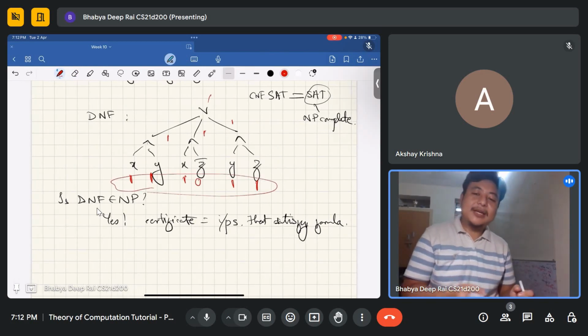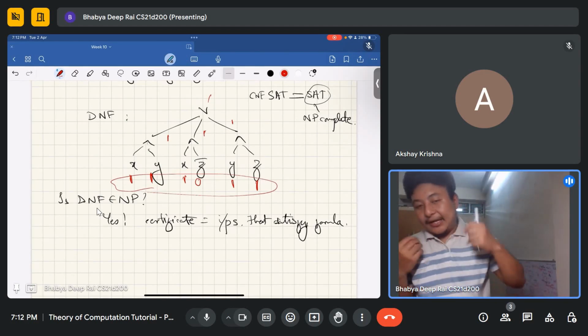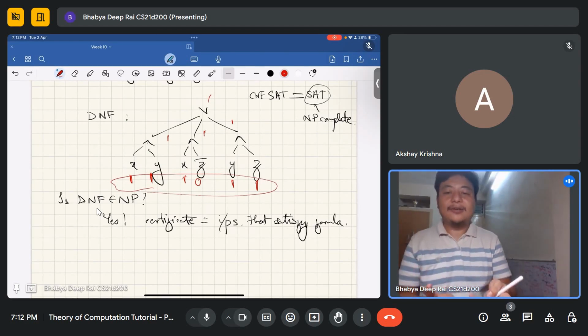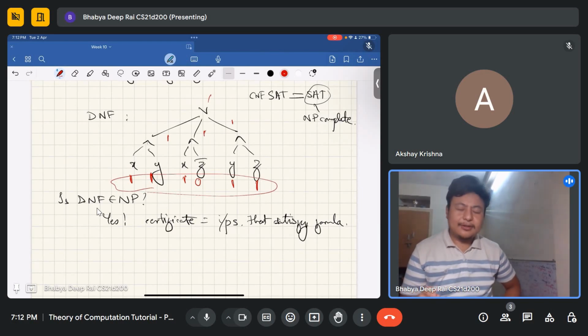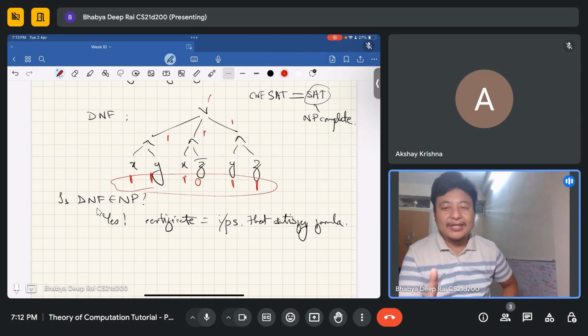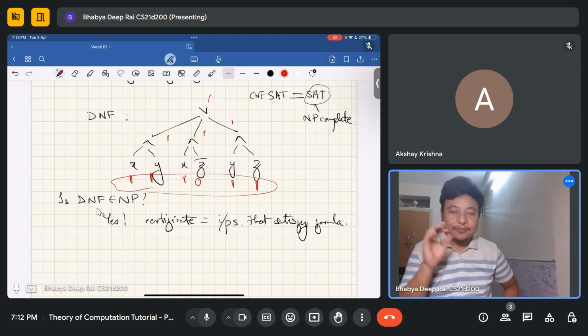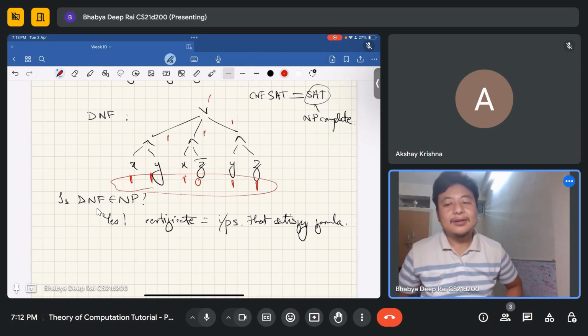I can give you this, and you run the formula on the inputs, because it does not take much time. The entire formula is of polynomial size. And I'm getting the output of the formula as 1, which means that the formula is satisfiable.